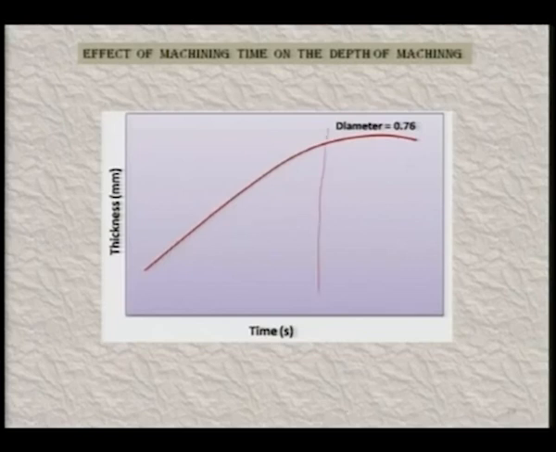That means there is no further increase in the thickness. There are many other losses and phenomena because of which there is no further increase in the depth of the hole. So, it indicates the limitation of the laser beam machining system, that it cannot drill very deep holes.